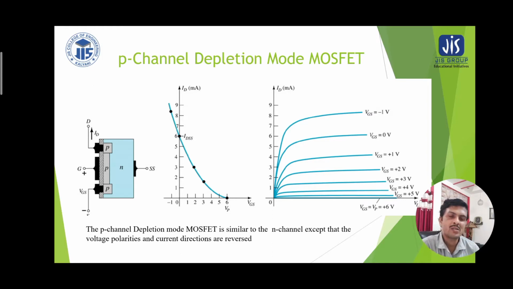So the silica layer has not been penetrated to connect to the P type channel, because the silica layer is working as the dielectric material of a capacitance, the plates of which are the gate terminal and the P type channel. So here the drain terminal and source terminal are bridged by the P type region.